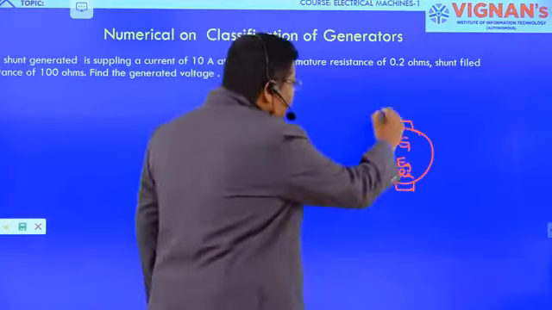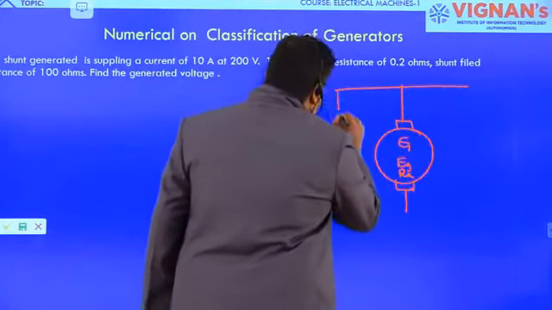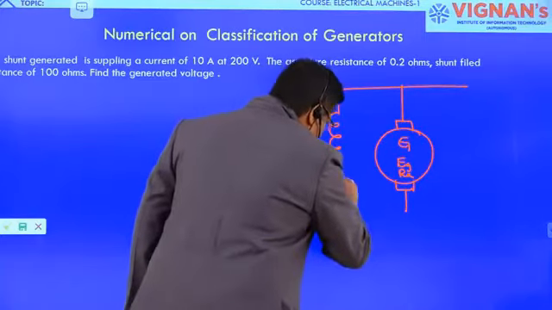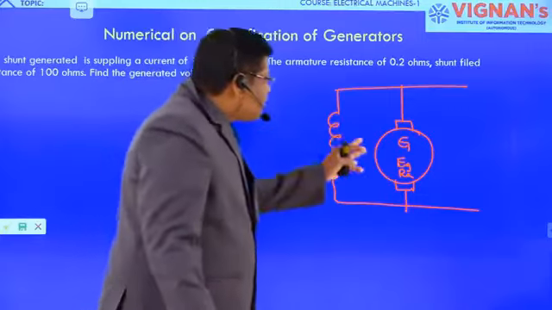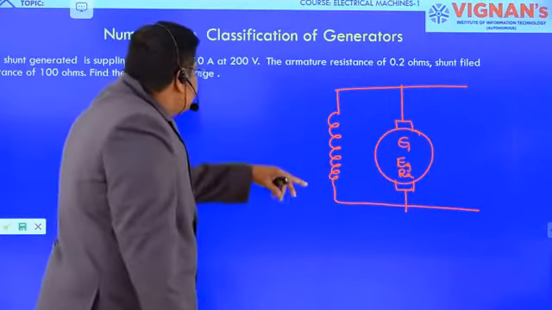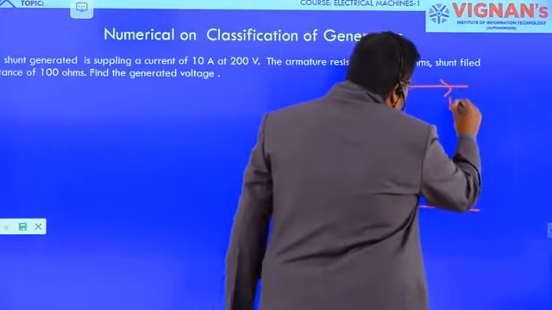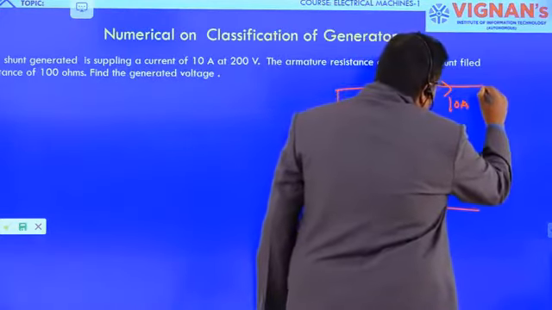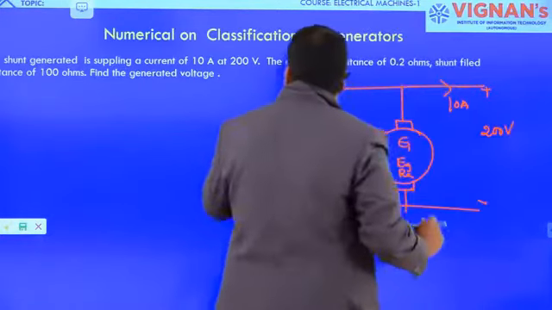See here, it is a shunt generator, so the field winding is connected across the armature in this manner. The armature is giving a supply to the load. How much current is it giving? 10 amperes of current at a voltage of 200 volts. That is given in the problem.